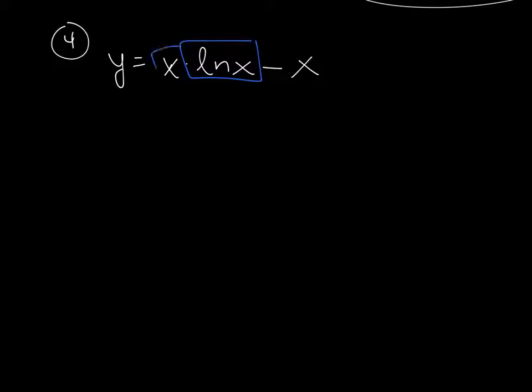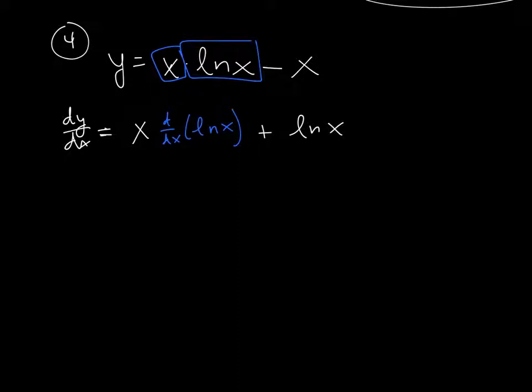We have x times natural log of x. So I'm going to start with my product rule, which is going to be my first function, x, times my derivative of my second function. I have not taken the derivative yet. I'm just writing out what I'm going to do, plus my second function, natural log of x, times my derivative of my first function.